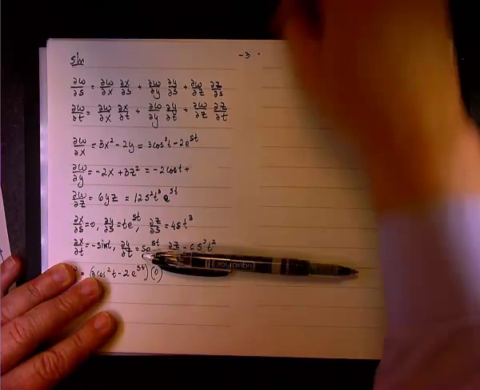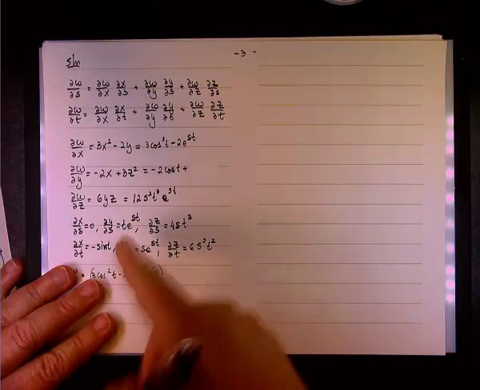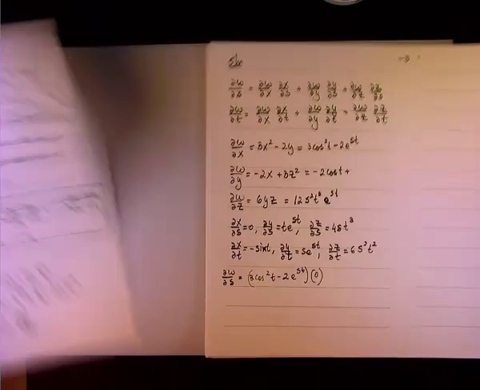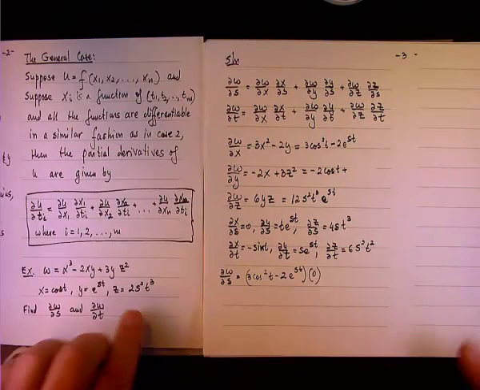Negative 2x. Let's see, x is cosine, so that's okay. And now 3z squared.